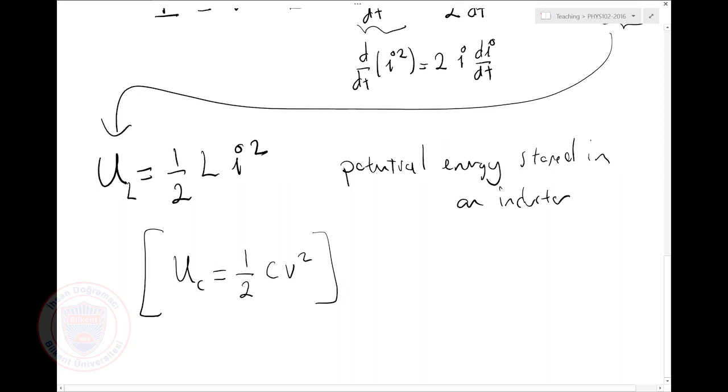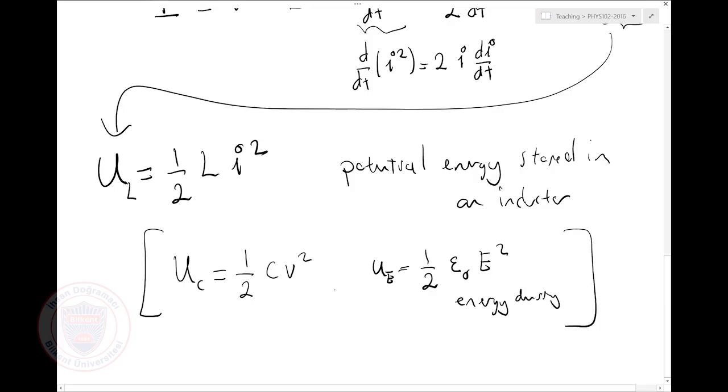It created an electric field in a limited region of space, and we said creating an electric field created an energy density 1/2 epsilon 0 E square. So there must be a similar rule for magnetic field. Creating magnetic field in any region of space must be storing energy in that region.